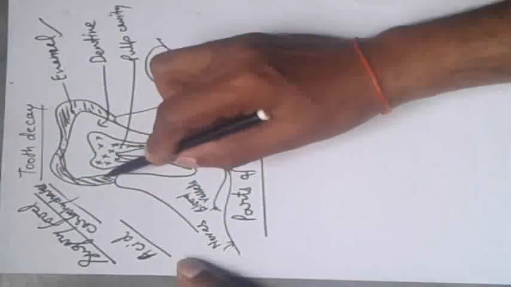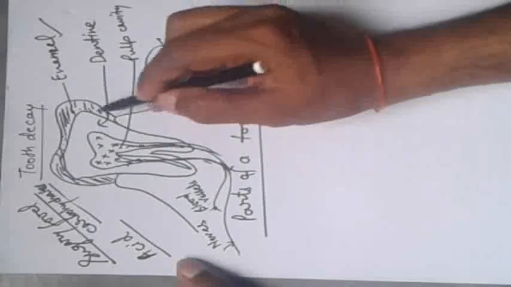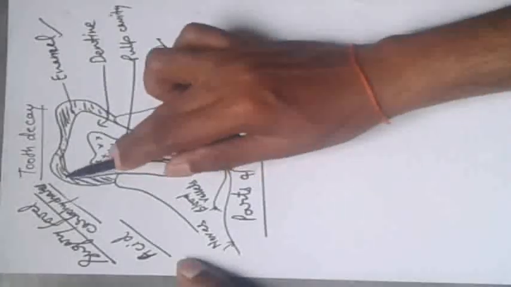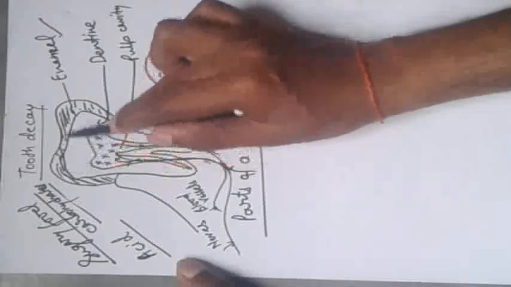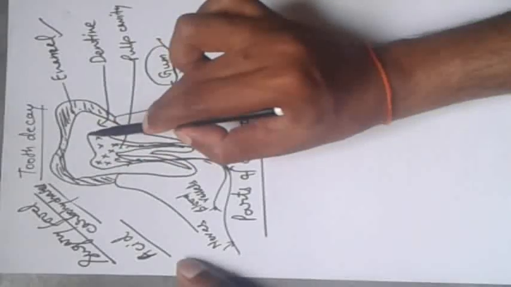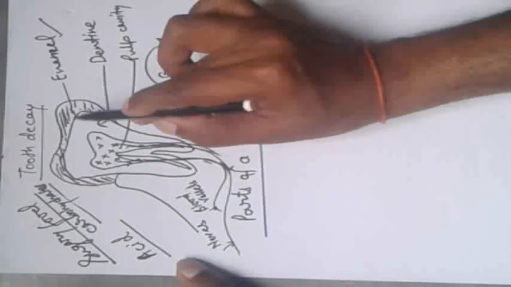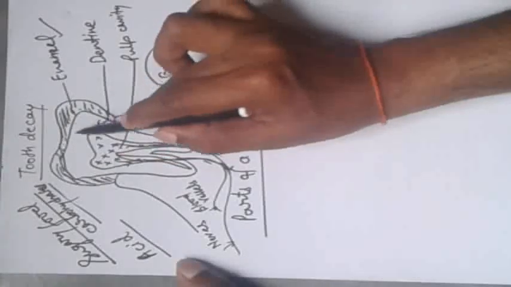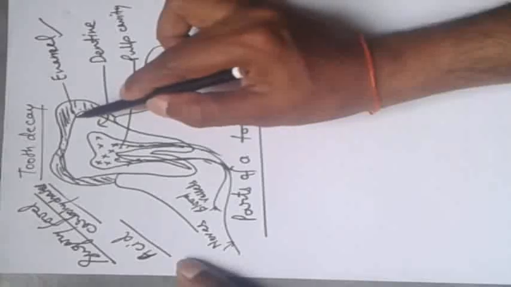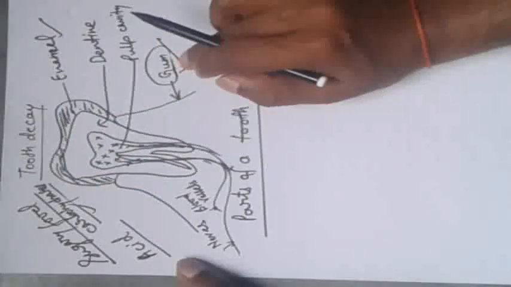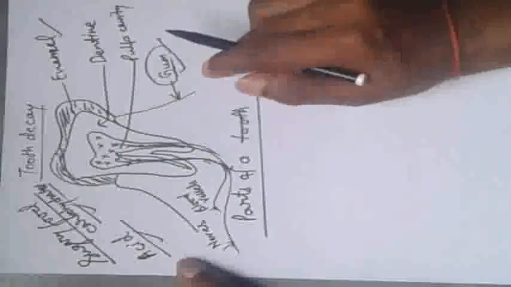And if you do not clean your mouth after eating food, some food particles live on your teeth, and the bacteria present in them start to grow and convert this carbohydrate into an acid.